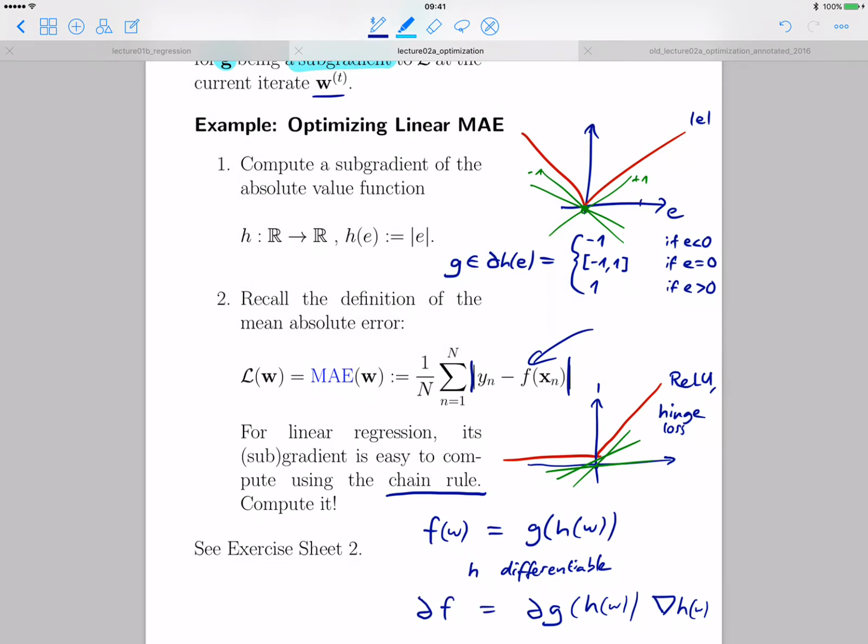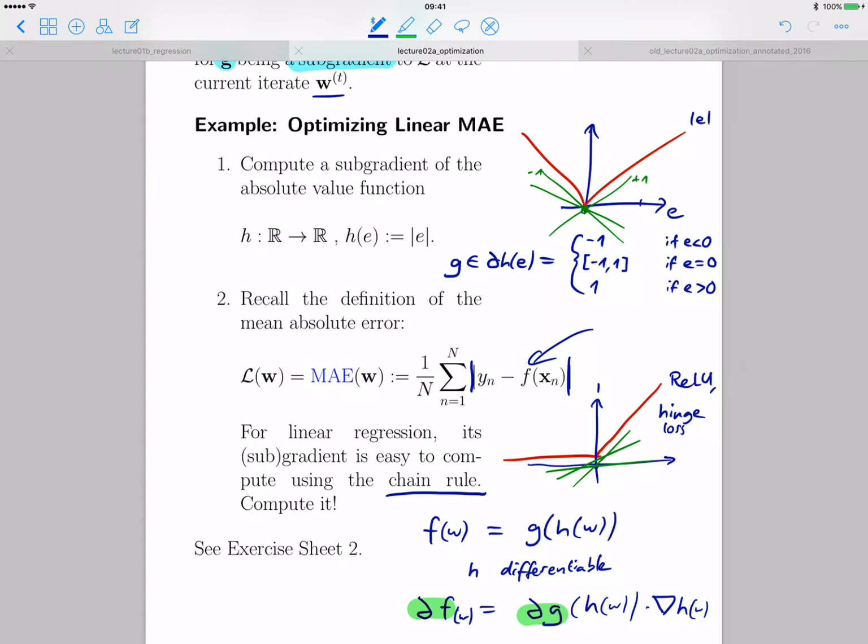Okay, and then these things here, they are meant as a set, right? All the candidates who satisfy the property belong to these sets. So here the green stuff is the set of all subgradients of the whole combined function. That set, you get it when you take the set from the g function, plug in h, and then many things will be subgradients, all these guys. And each of them, if you multiply it with the inner derivative, then you get another vector.